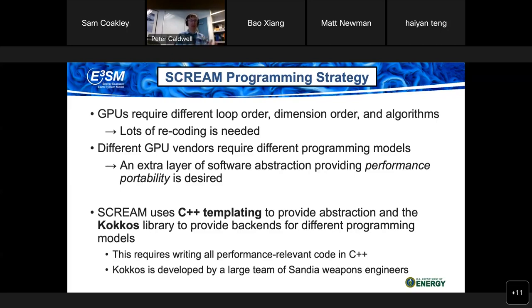And then we have this externally developed Kokkos library, which essentially just provides backends for each specific GPU or CPU machine that we might want to work on, in order to quickly be able to run on different machines. Kokkos in particular seemed like a good choice because it's very well supported by the DOE weapons complex, which has very stable funding.